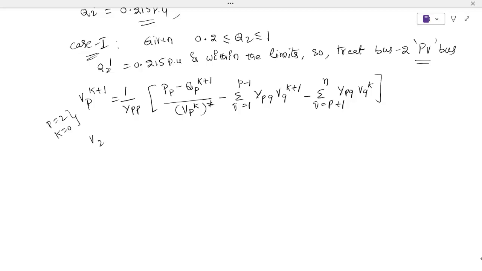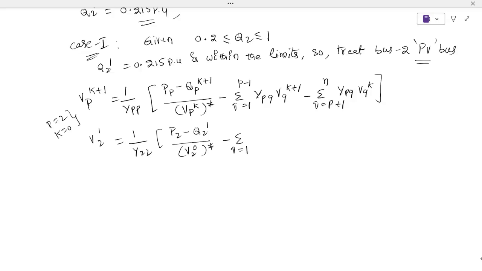V2(k+1), that is 0 plus 1, V2(1) is equal to 1 by Y22, because the P value is 2, substitute P as 2, P2 minus Q21 by V2(0) conjugate, K is equal to 0, minus sigma q equal to 1 to p minus 1.